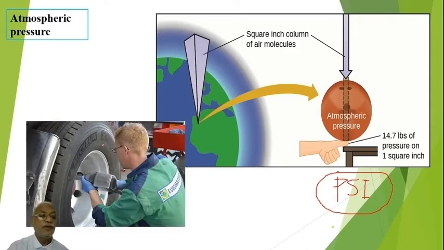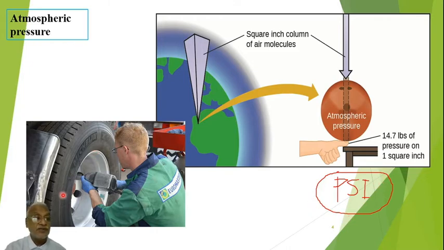Whenever we fill air in our vehicles, you will fill something like 25 in the front wheels, and 33 or 35 in the rear wheels. So what is this 33 or 25? It is nothing but PSI, that is, pounds per square inch.